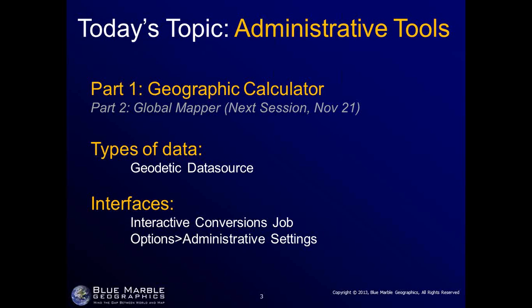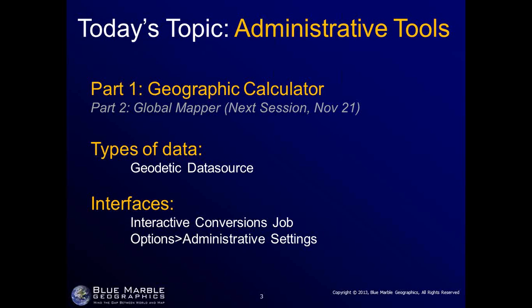In Geographic Calculator today, we're going to be focusing on what we call the GeoCalc tools, which are the geodetic engine inside the Geographic Calculator. In our latest releases of the Geographic Calculator 2013 and Global Mapper version 15, we have some cross-pollination there. Specifically, in the add-on module for Global Mapper called Global Energy Mapper, we can tie directly into the GeoCalc data source and take advantage of all of the administrative type tools that we're going to see today.